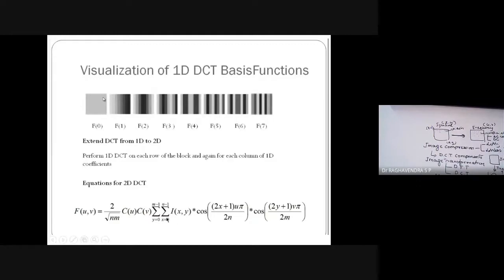Next we have two summations. They start from y equals 0 and x equals 0 up to M minus 1. That is the size, the number of rows and the number of columns. This is the luminance component, that is the intensity value. Then we have the cosine transformation functions, one for x and another for y, that is rows and columns.